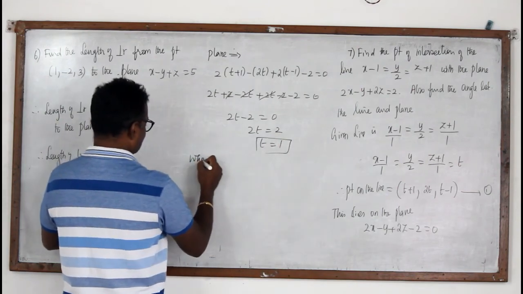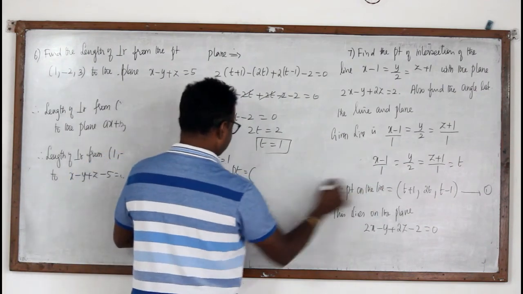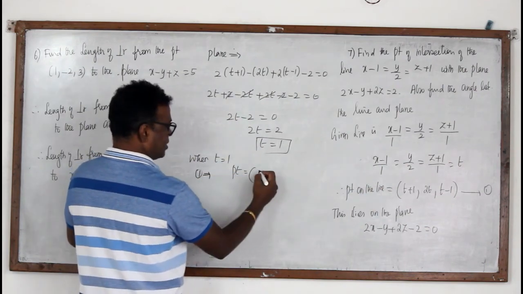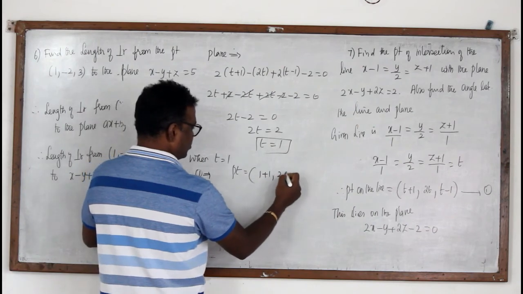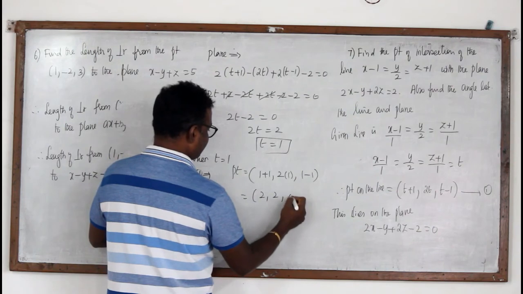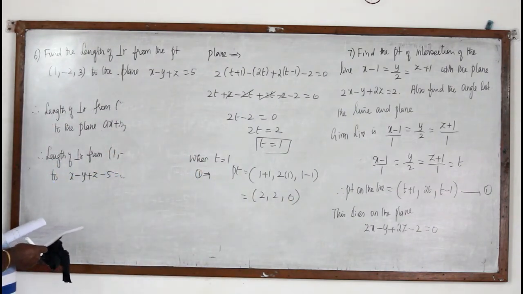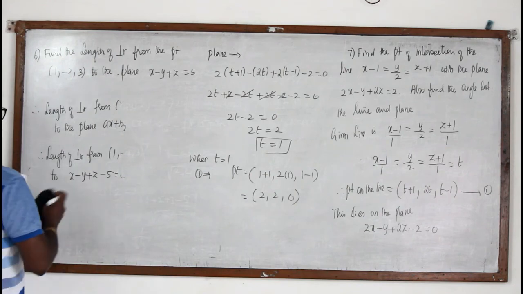When t equal to 1, substitute here: 1 plus 1, 2 into 1, 1 minus 1, that is 2 comma 2 comma 0. That is the point where the line and the plane are meeting.